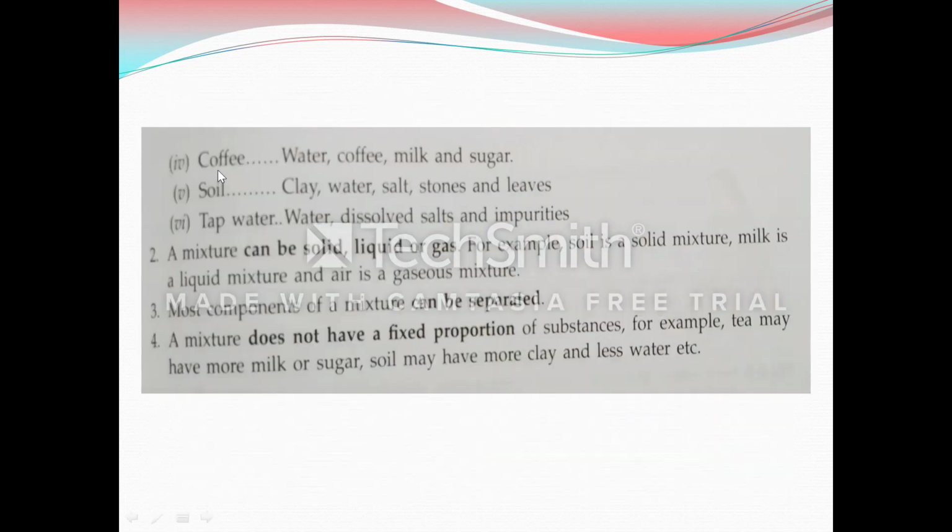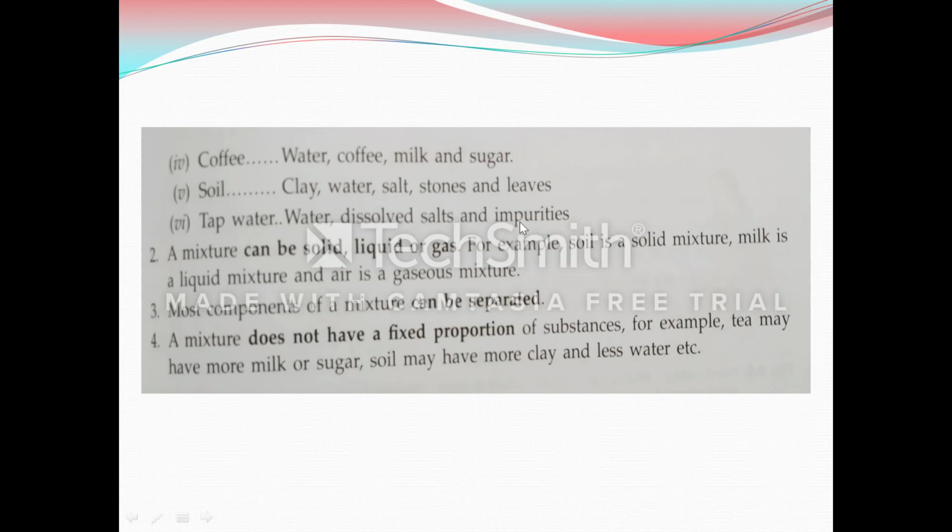When the coffee is being prepared, we put water, coffee powder, milk and sugar. Next is soil. Soil contains clay, water, salt, stones and leaves. Tap water contains a mixture of water, some dissolved salts and impurities.